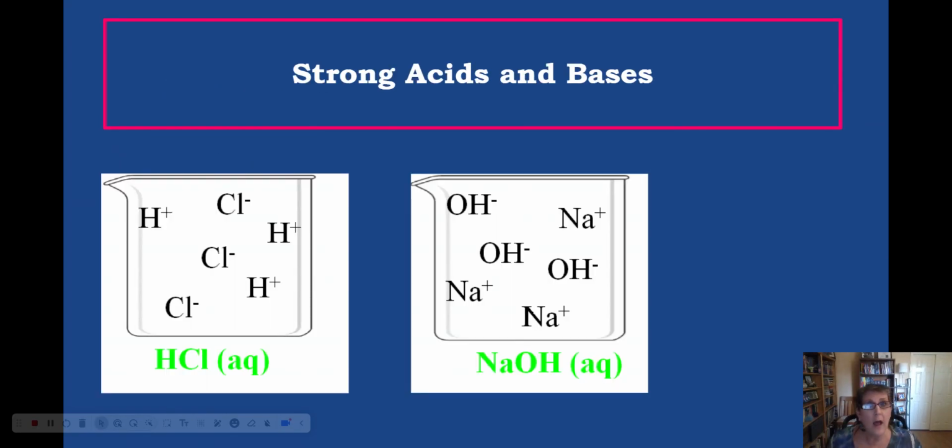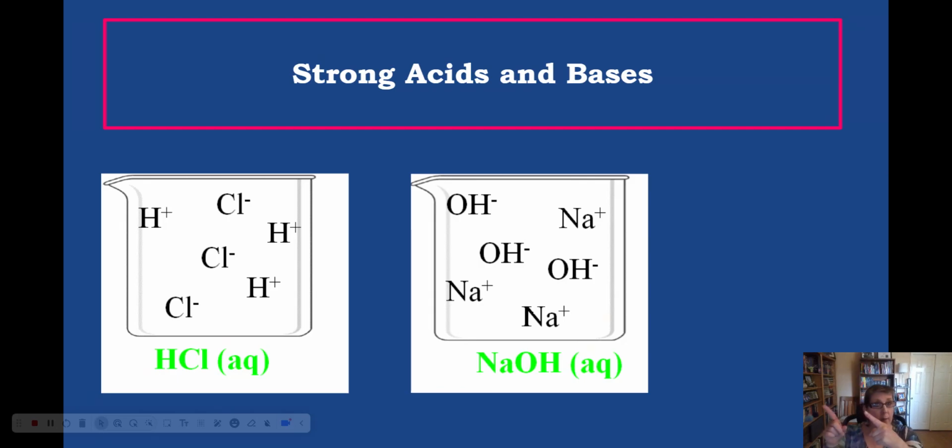Here's a picture of what those acids and bases look like when they are in water, if you will. We're going to be doing a lot of these beaker drawings, so it's important. Let's look first of all at the HCl. Notice we have H+ Cl-, H+ Cl-, H+ Cl-, because it all dissolved in the water and broke apart. It ionized.